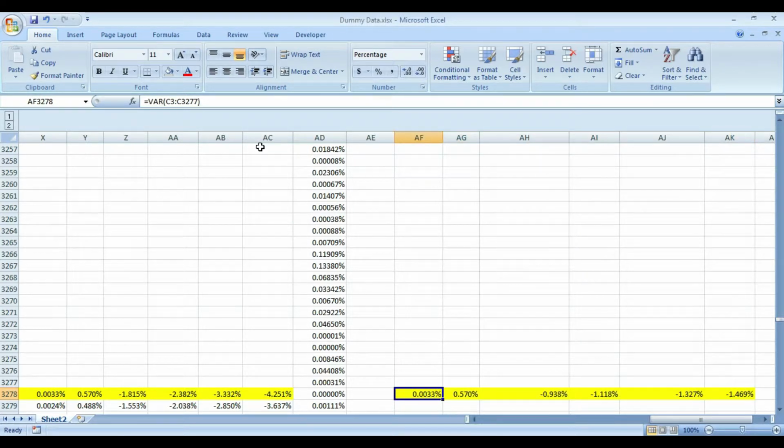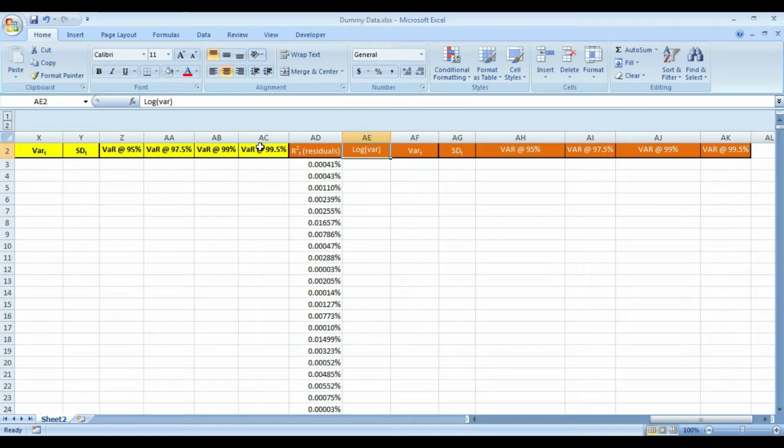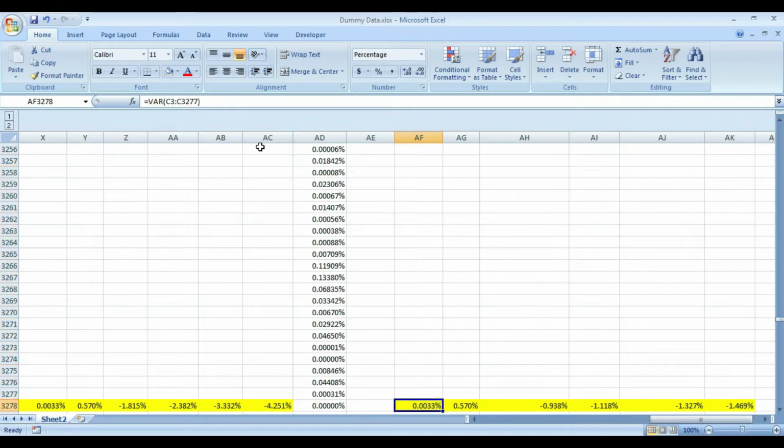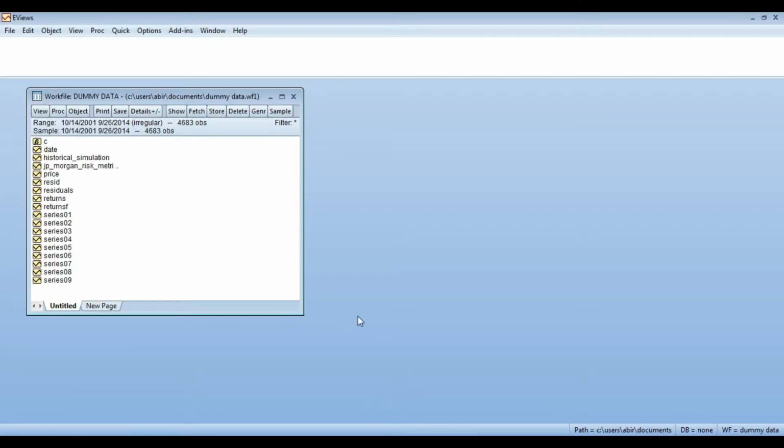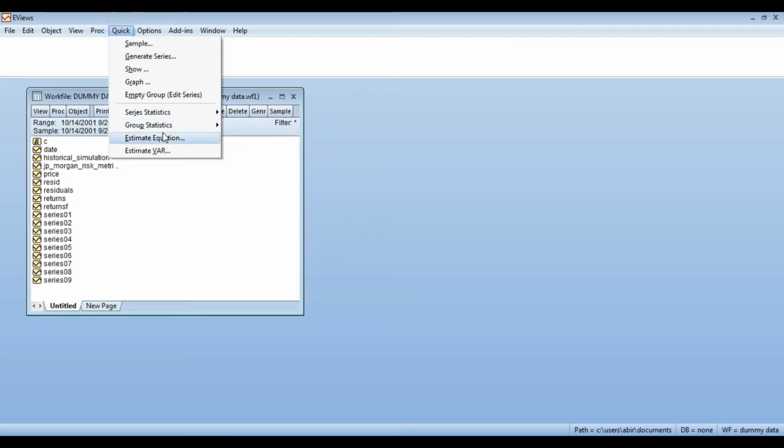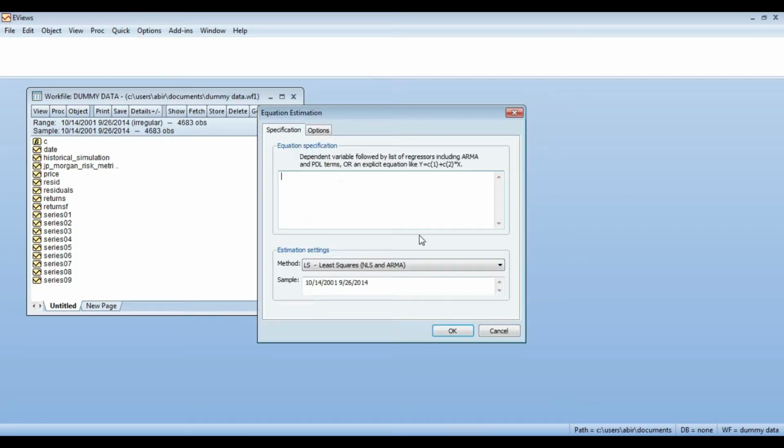Now comes the next bit, where we need to calculate log var. This would come straight from our EViews estimation. So let us go to EViews. I'll open my EViews screen. This is the screen. I'll click on Quick, Estimate Equation.